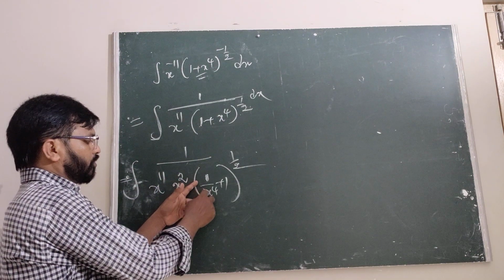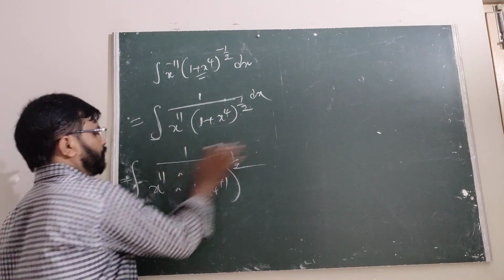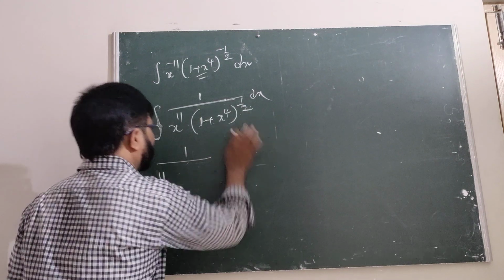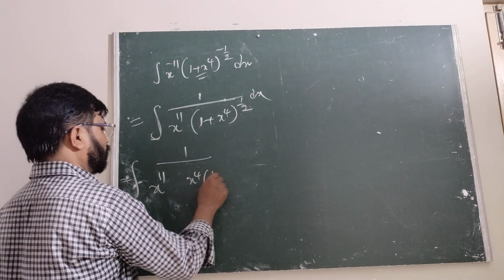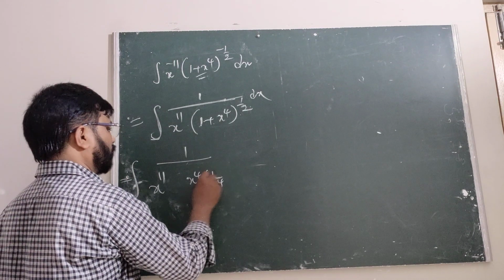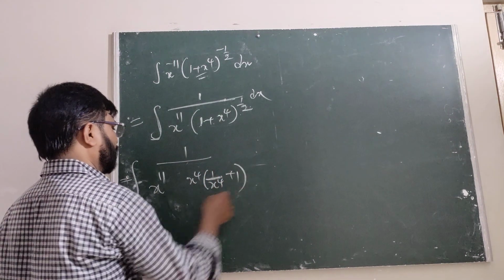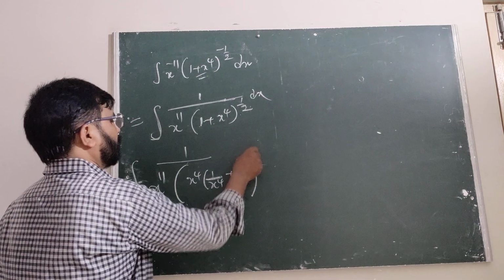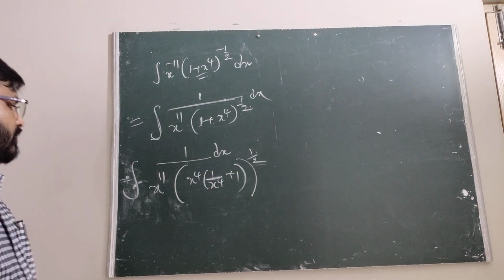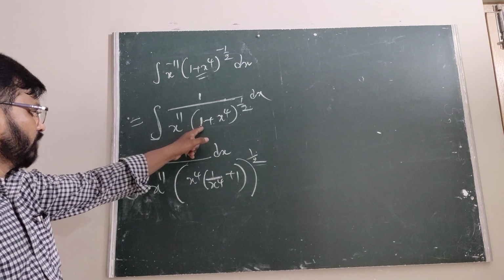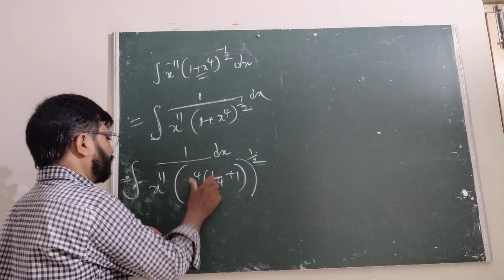If you are facing difficulty, then you can write x power 4 as common. Now this is 1 by x power 4 plus 1 whole power 1 by 2 into dx. Is it clear? x power 4 cancels, that is x power 4 into 1.